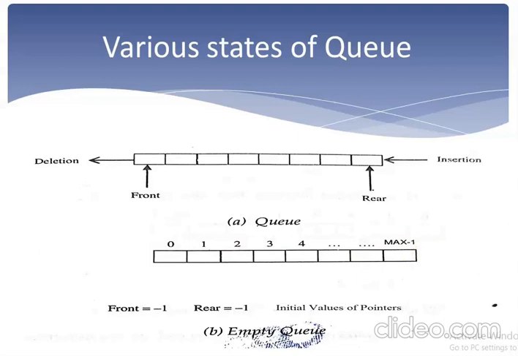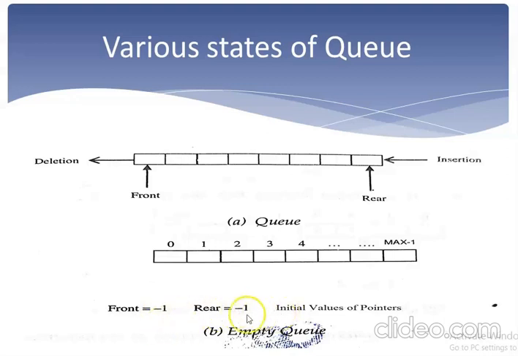So the closest invalid indices on both sides of the valid indices are minus 1 towards this end, max towards this end. So we'll be initializing the values of pointers as minus 1, an invalid index, as we have done with top in the case of stack.